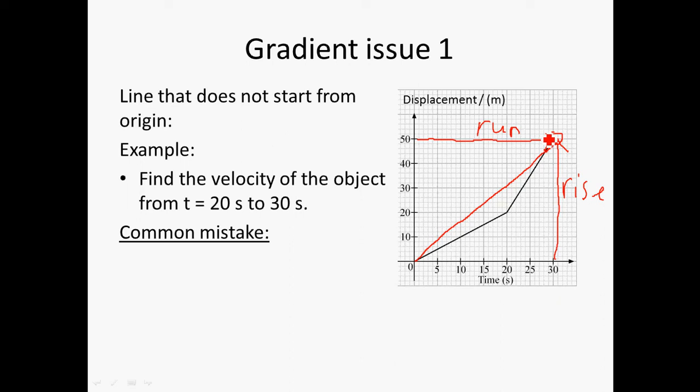So what is a correct method? Whenever you have a line that is going in an opposite direction, or there is a disjoint between the two gradients, what you should do is look for the triangle that forms this line. This line starts from here to here.